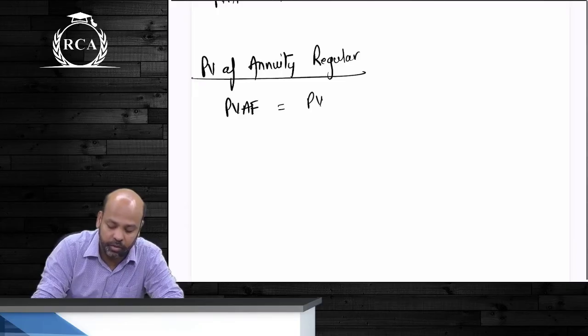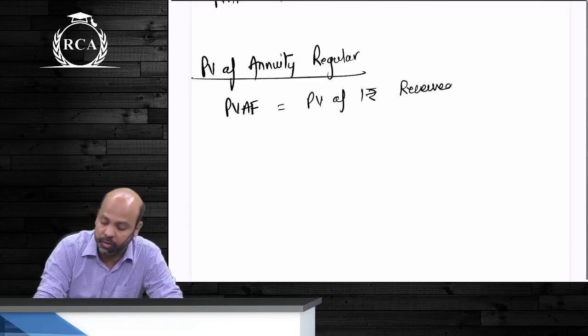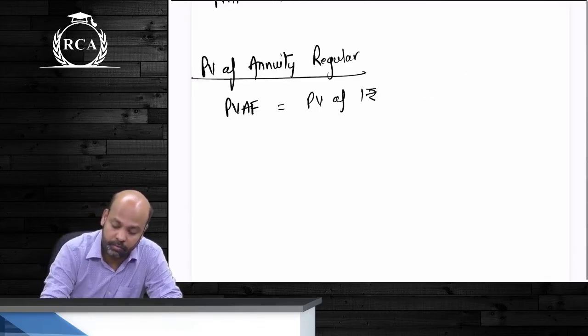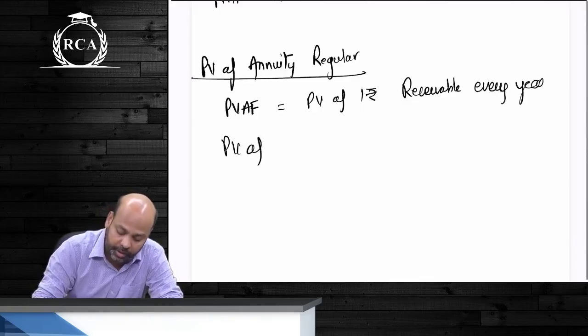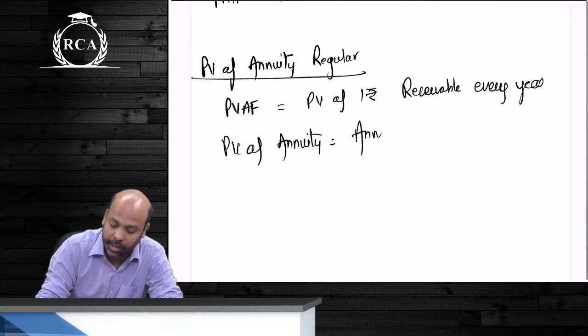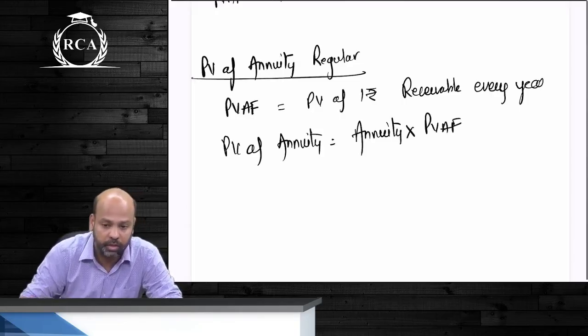The present value of 1 rupee receivable every year. Yes or no? So in order to arrive at the present value of some cash flow of annuity, what will you write? Annuity amount into present value annuity factor.